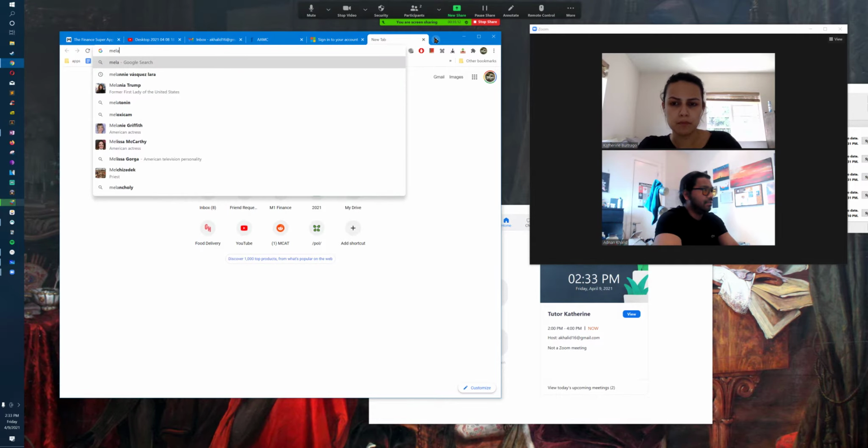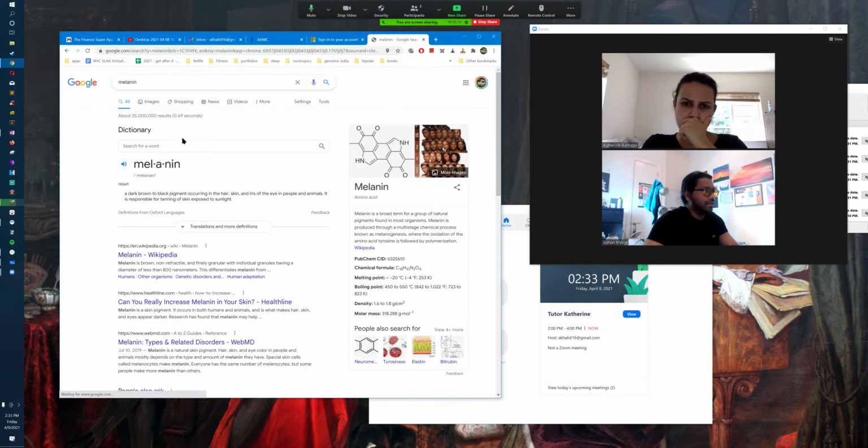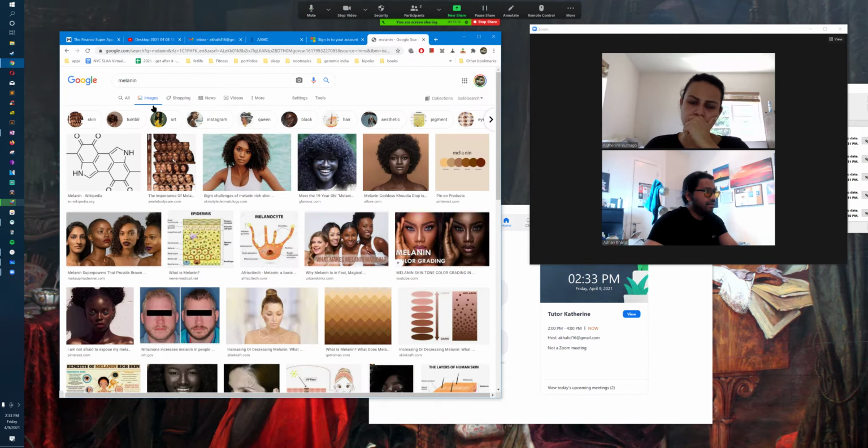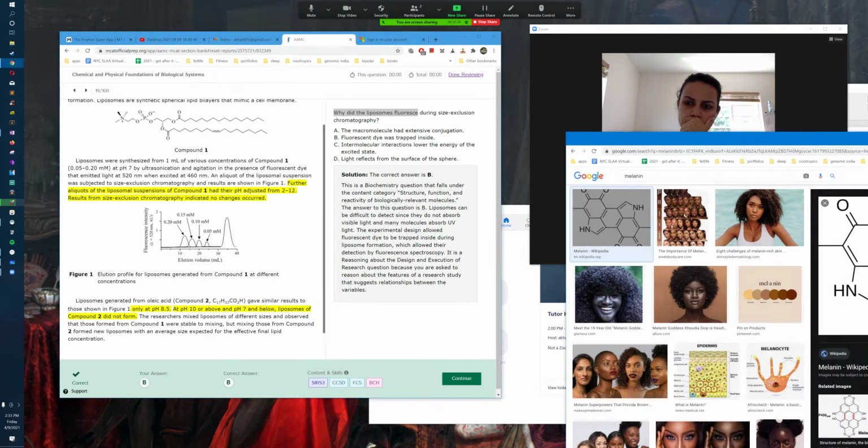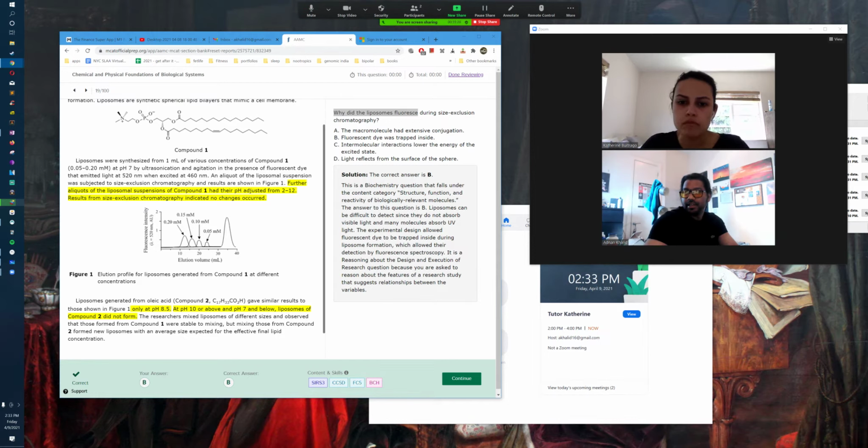Here's for example a pigment like melanin, like for dark skin, it looks like this. And you see how there's, you remember conjugated pi double bonds? Yeah. It's like a double bond, single bond, double bond. And see how there's extensive conjugation here? Right, like resonance, I guess.